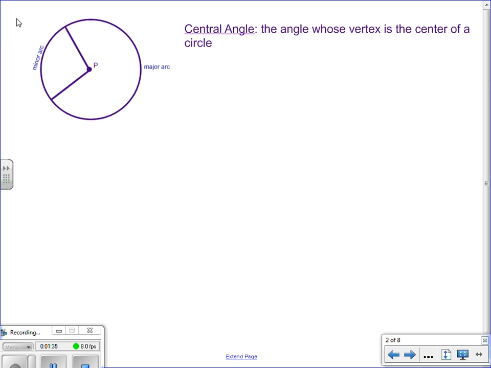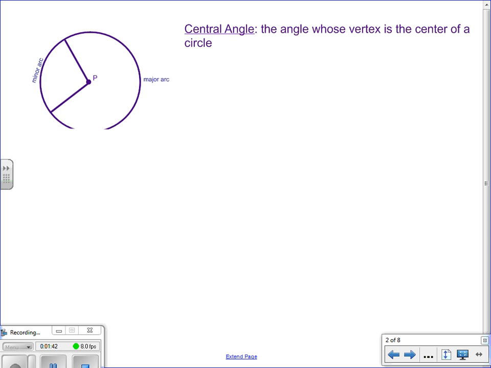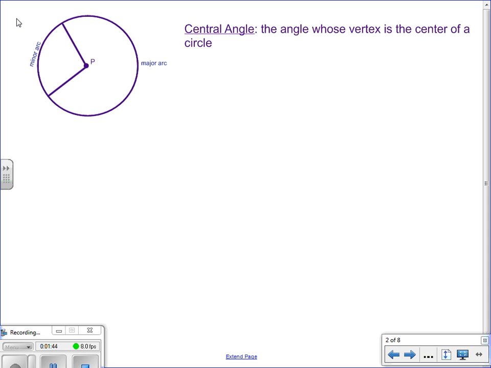So we have that one central angle at point P. We call that our central angle because its vertex is on the center.